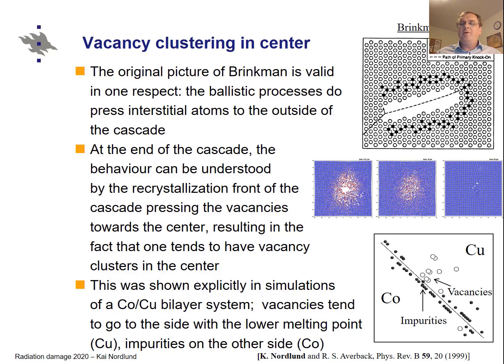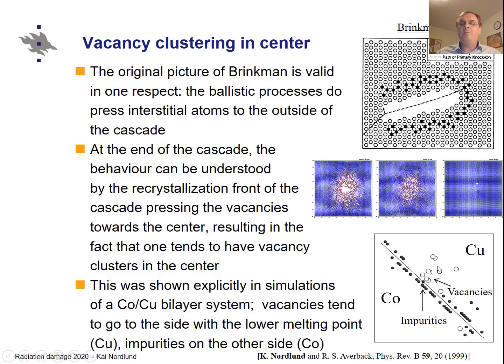And this can be proven by looking at a bilayer system with different melting points, because then the higher melting point material, in this case cobalt, of course recrystallizes faster, and then what happens is that the cobalt will press the vacancies onto the side of the lower melting point material.